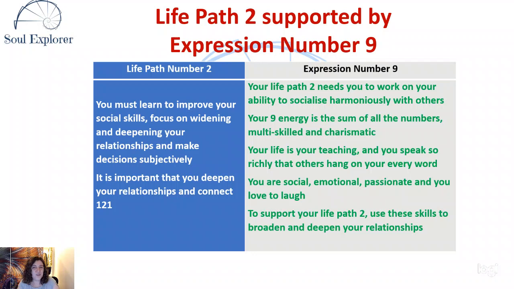I haven't put it on this slide, but the expression 9 often, you think very wide. You want to help other people's well-being, but you can think a little too widely, which spreads you a little bit too thin and can make you a little bit aloof with those that you're supposed to be deepening your relationships with. So guard against being disconnected and aloof around those you love as well.